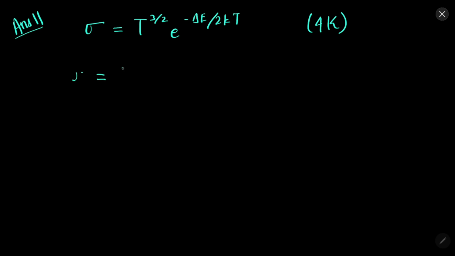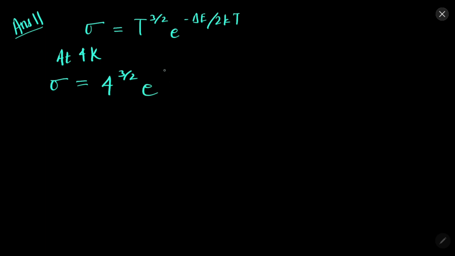Now conductivity, let's try to put the value of temperature and find the value at 4 Kelvin. e to the power minus 0.74 over 2 into 8.62 into 10 to the power minus 5 into 4.